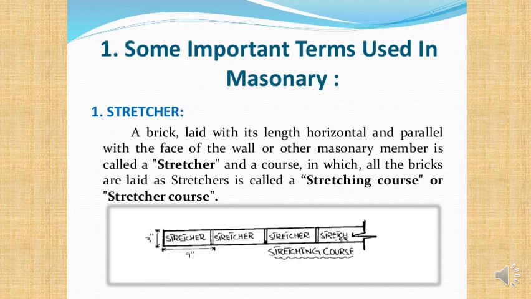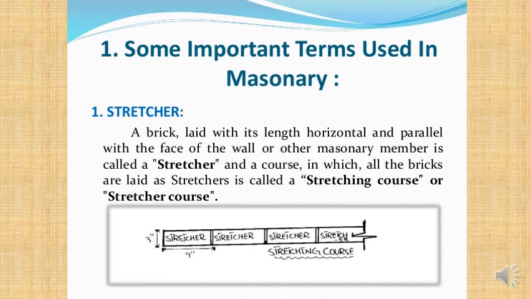So I don't know if you've ever looked at a concrete block, but basically the dimensions are probably about 150 millimeters depth by 150 millimeters height and 300 millimeters in length. The longest length of the masonry unit is called the stretcher. That is the longest length.